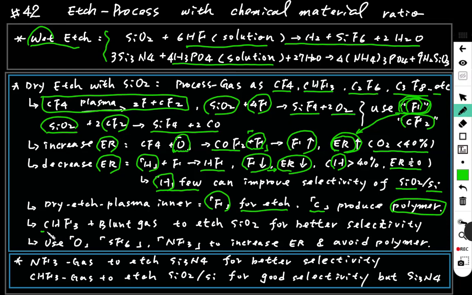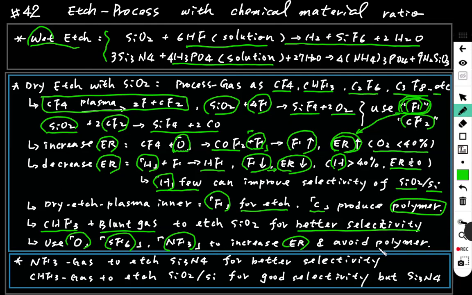We can use the CHF3 with O gas to etch silicon oxide, just for better selectivity, and use the O and the SF6 and NF3 to increase the etch rate.